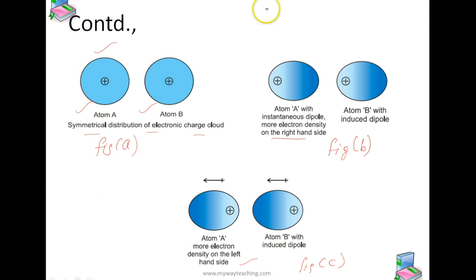This instantaneous or transient dipole distorts the electron density of the other atom B, which is close to it, and as a consequence a dipole is induced in atom B also.